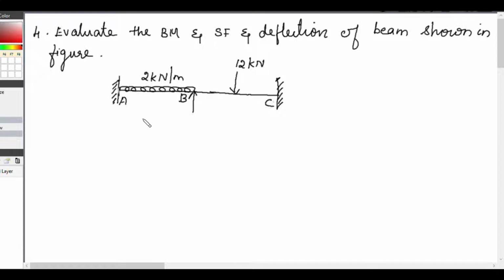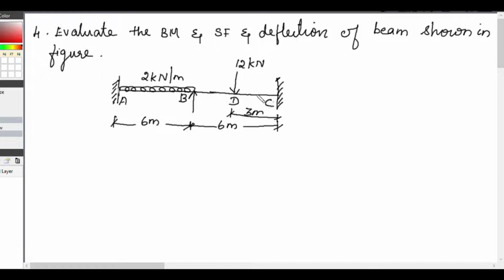The span length AB is 6 meter and the span length BC is also 6 meter, and this 12 kilonewton load is acting at the center of the span, the mid span. So we will take this point as D, and the span DC is therefore 3 meter.